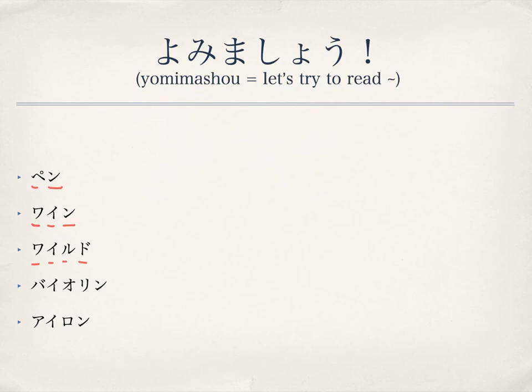That's a hard word to pronounce. It means wild. Ba, i, o, di, violin. A, i, do. Right, so you can tell this is tapering at the top, so it's an rather than a so. So, iron.